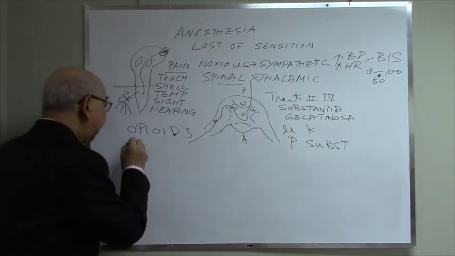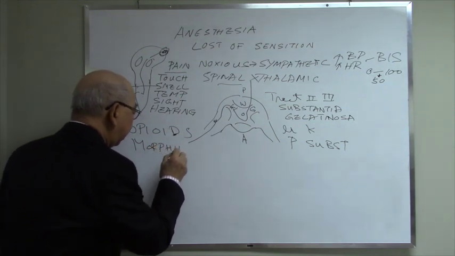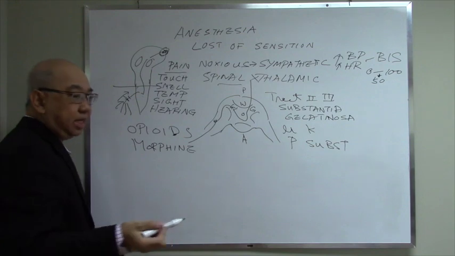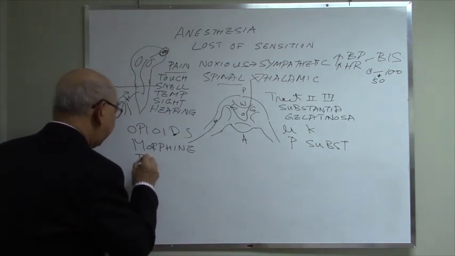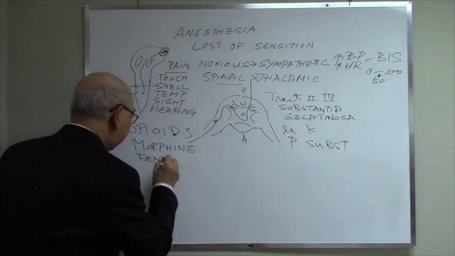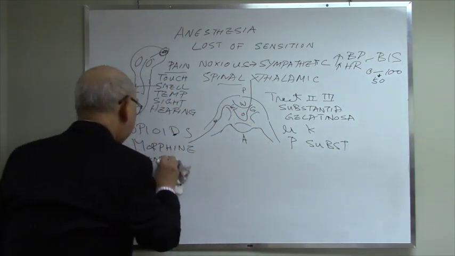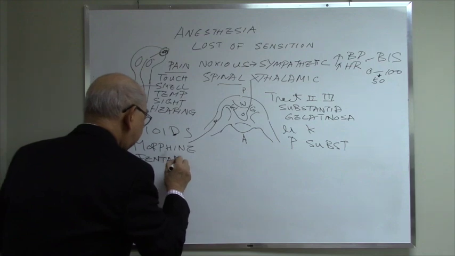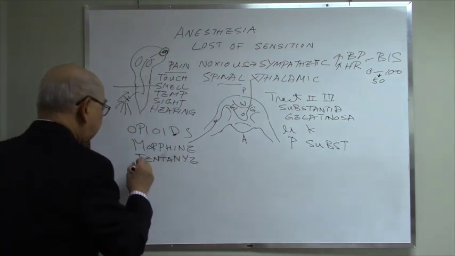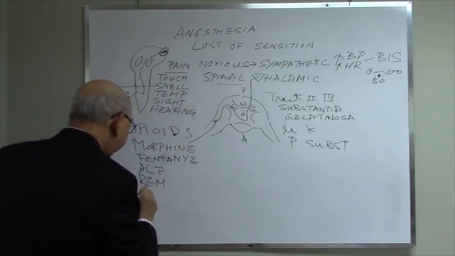Opioids consist of morphine and morphine-like substances. For example, we use fentanyl, alfentanil, remifentanil, sufentanil.